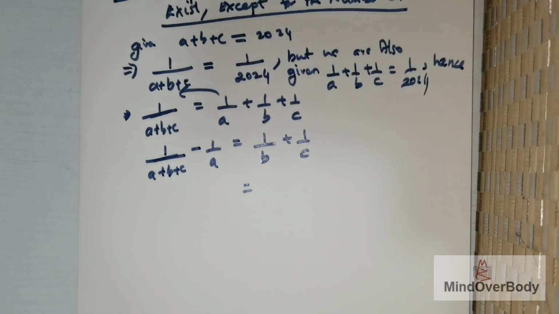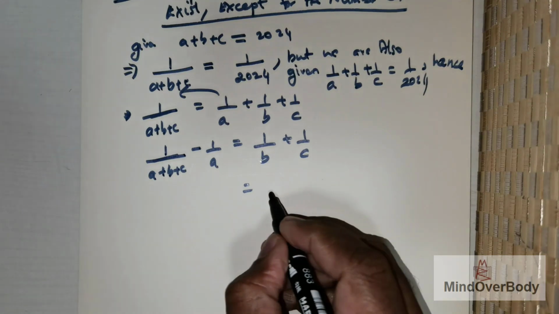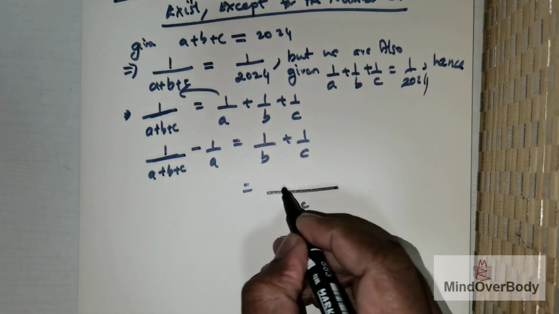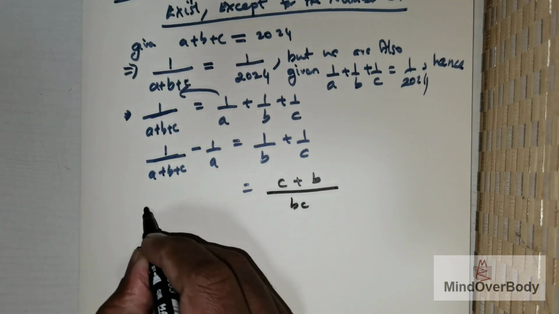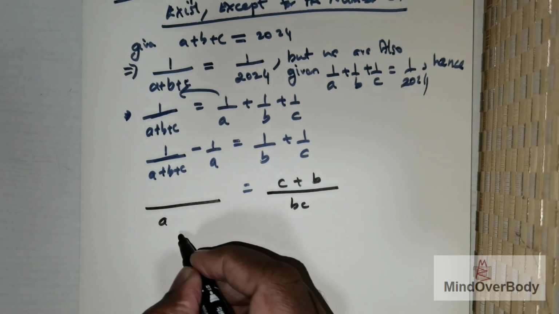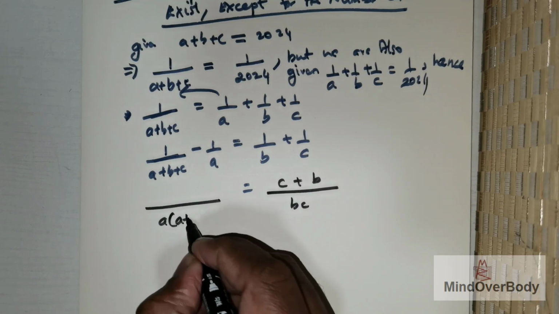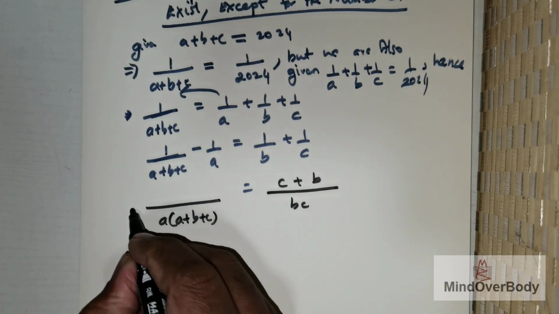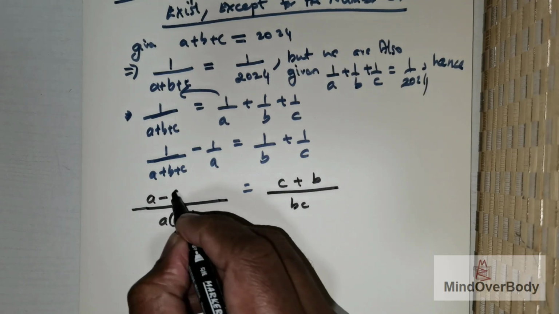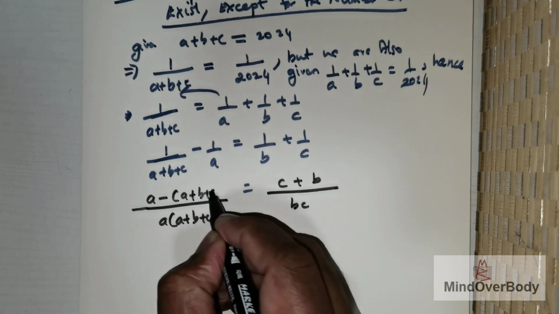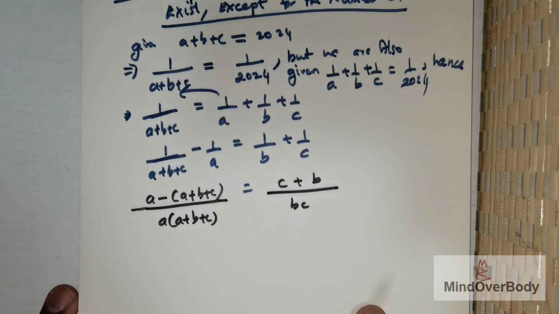So this is going to be (c + b) over bc, and I would get on the left a - (a + b + c) over a(a + b + c). This is what I've got.